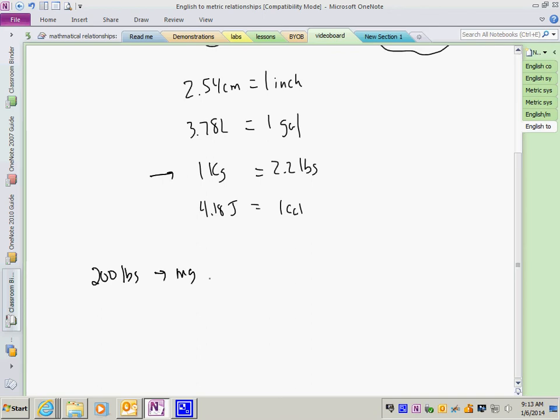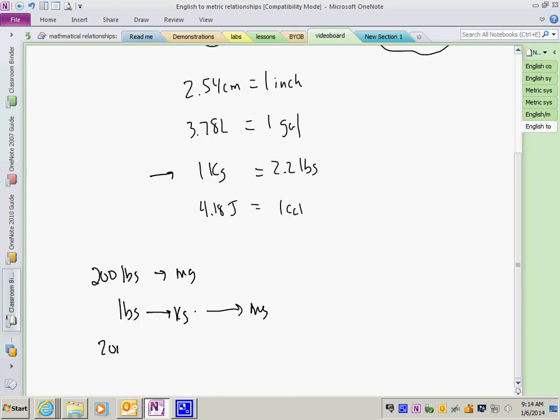Okay. So first of all, I got to get to the bridge, and then use this relationship to cross the bridge, and then use my relationships of the metric system to get to milligrams. So I'm going to go from pounds, cross the bridge to kilograms, and then use the relationships to milligrams.